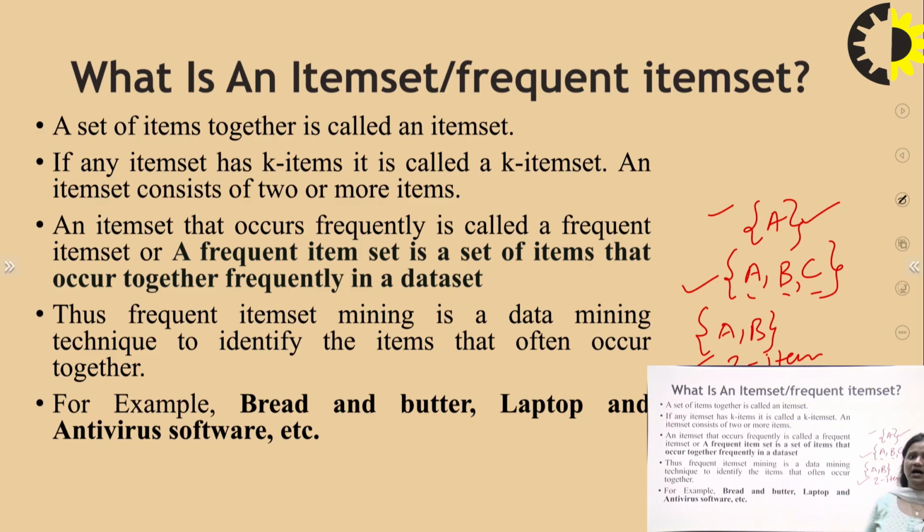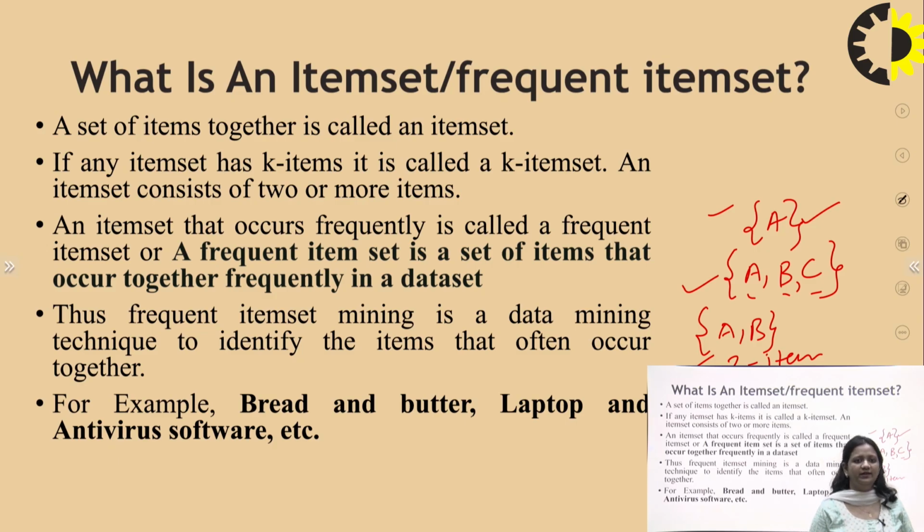If we have a large number of transactions, or we can say our database, if we have 10 transactions, and in which A and B is an item set which occurs frequently in all 10, or we can say in 3 or 4 of the transactions, so A and B is a frequent item set.